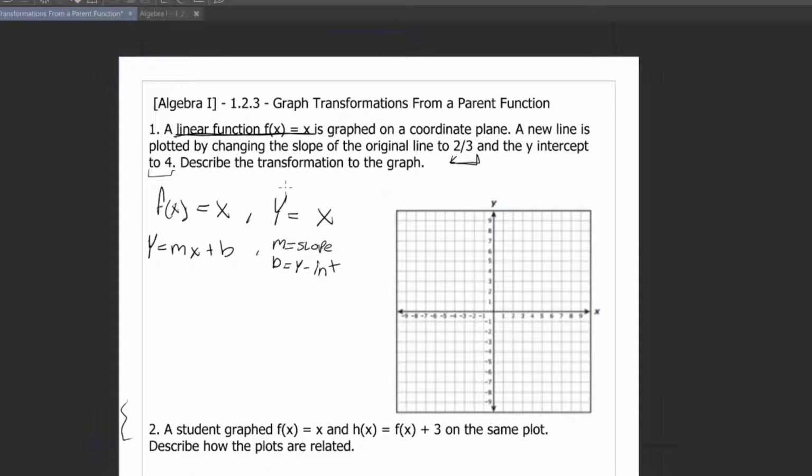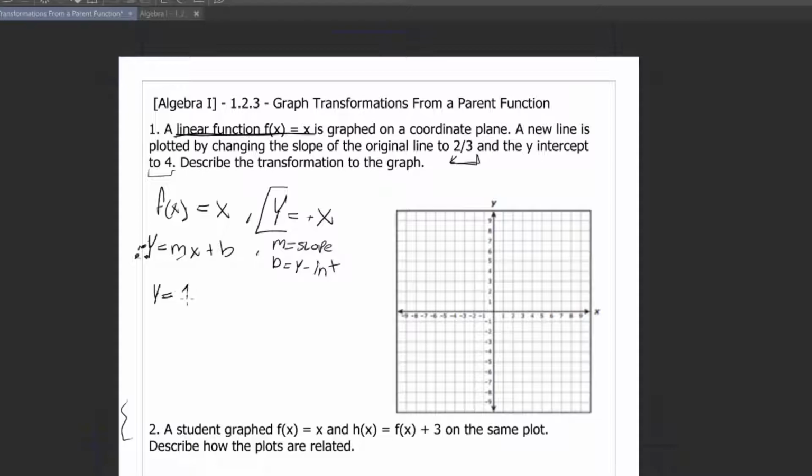Now looking at the first equation, rewriting it in this standard format, we have y equals, and comparing these two, mx, which in this case m is going to equal 1.